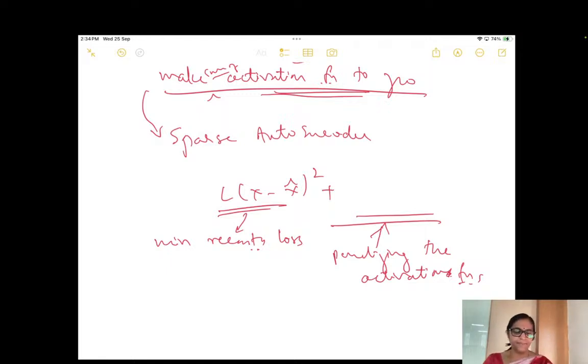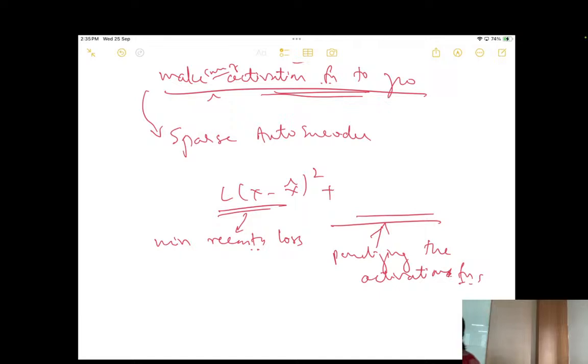By penalizing most of the activations to go to 0, what does it do?